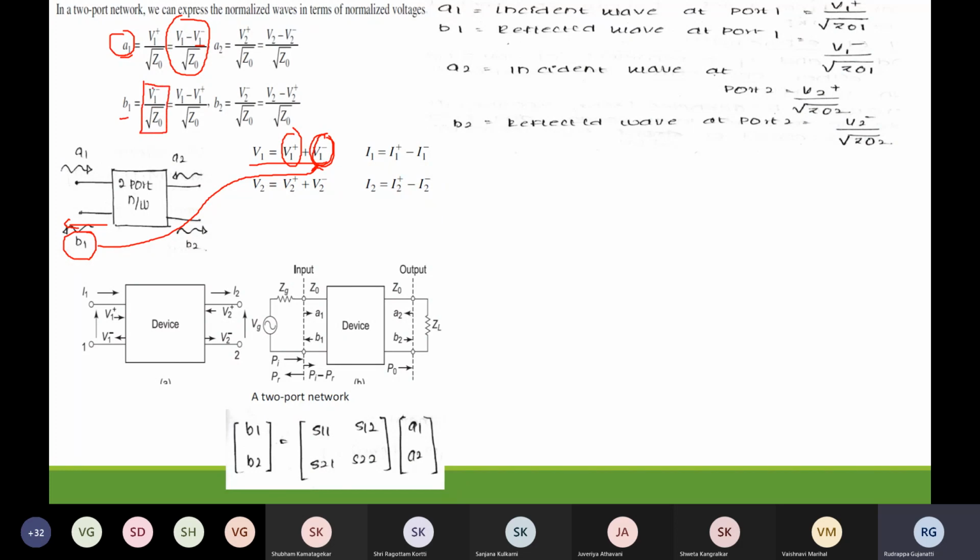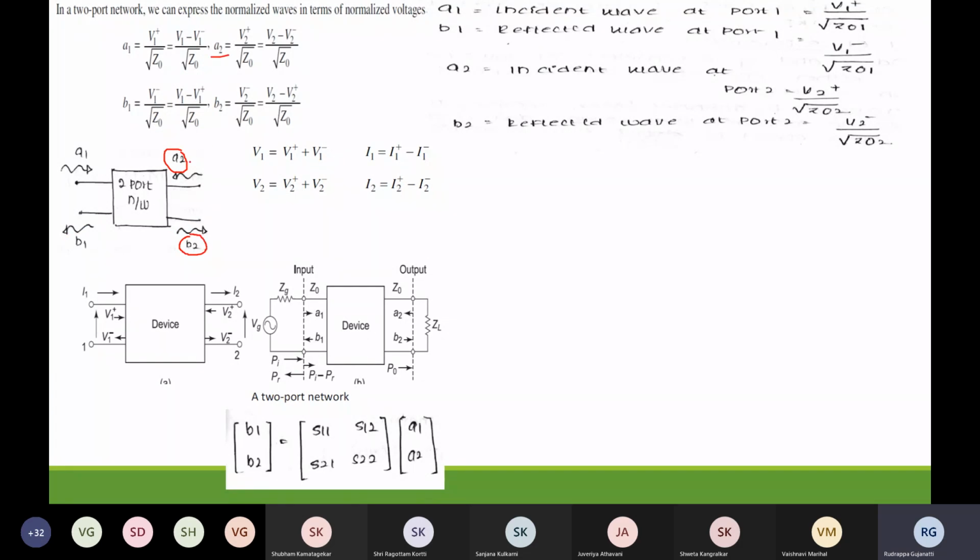If I substitute V1 minus based on this equation, I get V1 minus V1 plus, the incident wave, divided by square root of Z0. Similarly, we can represent A2 and B2.